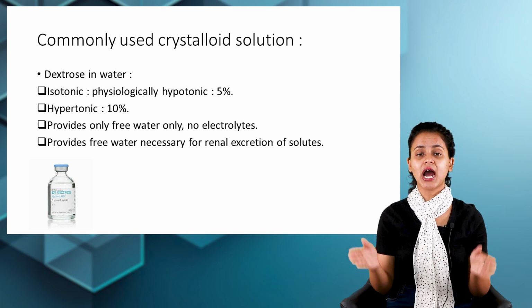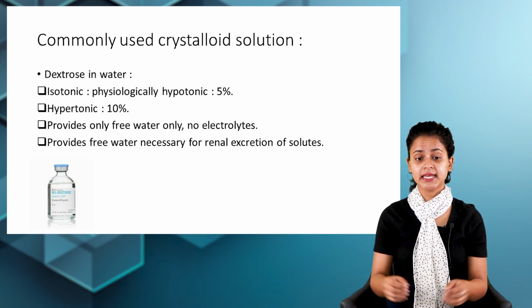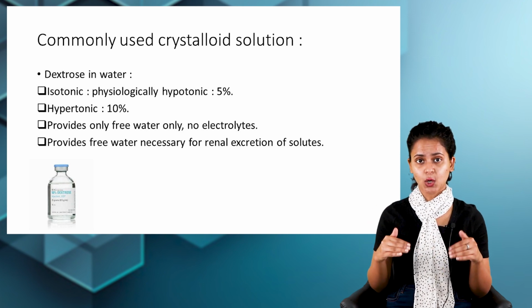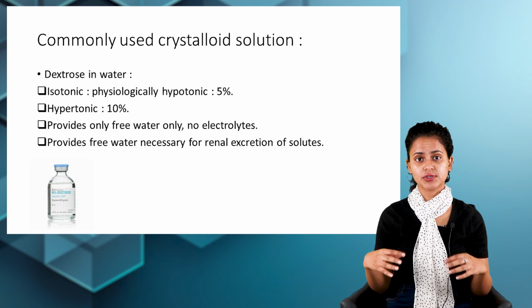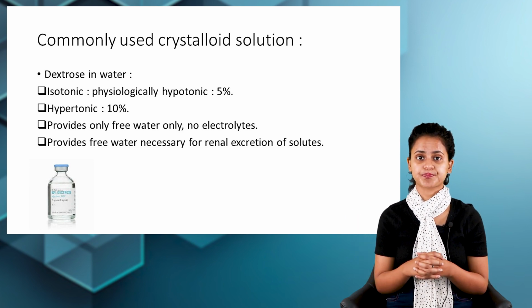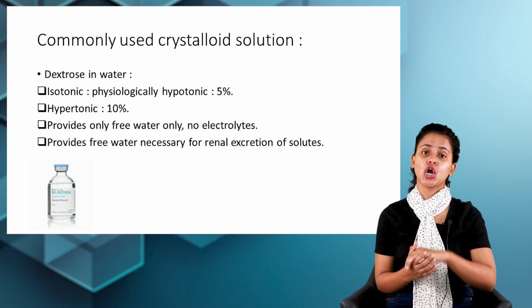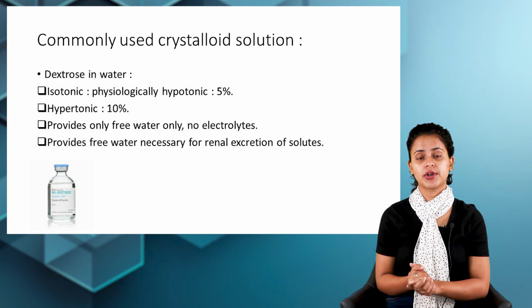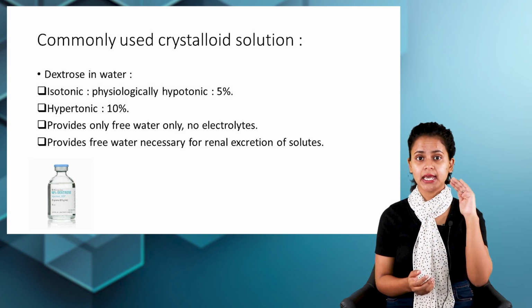Whereas the hypertonic solution contains 10% dextrose in water. That is how the isotonic and the hypertonic solutions are used for the client in different scenarios. It provides only free water without any electrolyte.